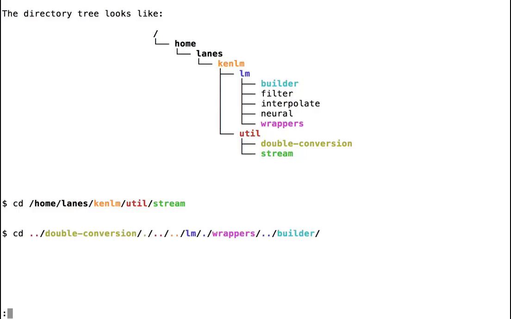Now let's look at our complex relative path. Again, notice that I've color-coded the names in this relative path to match the corresponding subdirectories in the directory tree.